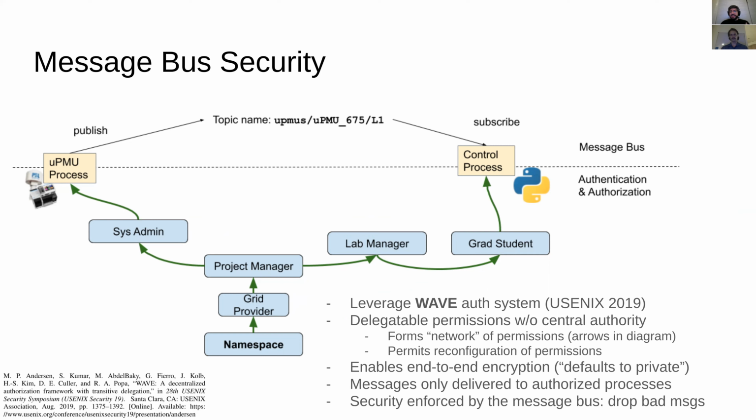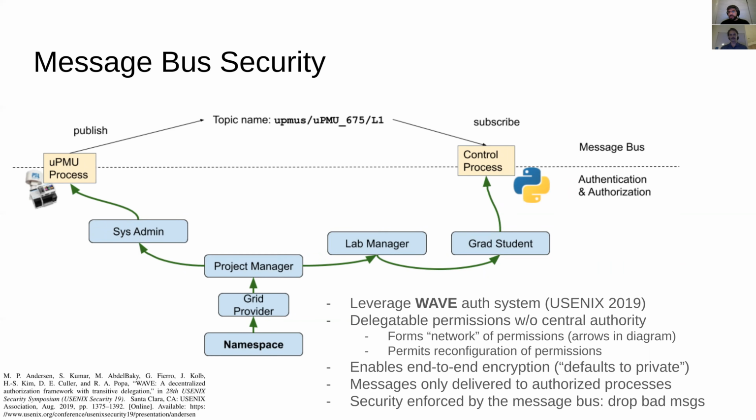What this means is that it's possible to delegate these permissions from a grid provider who maybe has visibility or permissions over everything, to a project manager, who then delegates the ability to manage permissions to a micro synchrophasor, to a system administrator, and then to a lab manager, and thus to a grad student who actually goes and writes the control code.